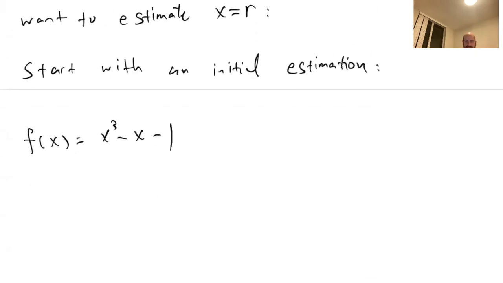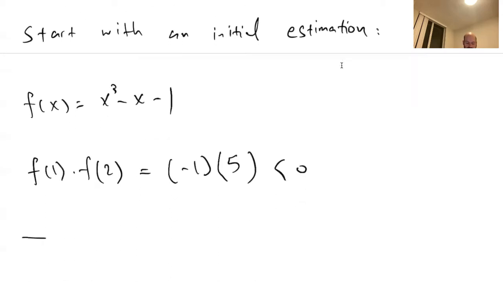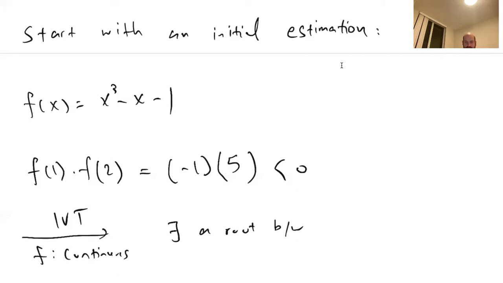Then f of 1 times f of 2: f of 1 is minus 1, f of 2 is 5, and this product is negative, and f of x is continuous. So by IVT, we can say that there exists a root between 1 and 2.